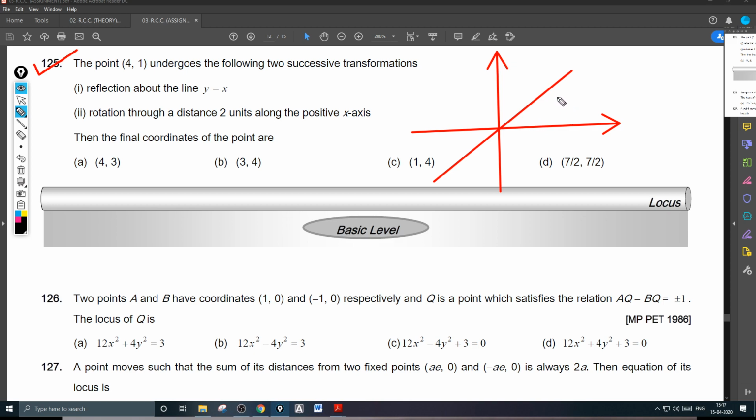This is the point, some point here, (4, 1). Let me say this as P. Now it is reflected through this line.